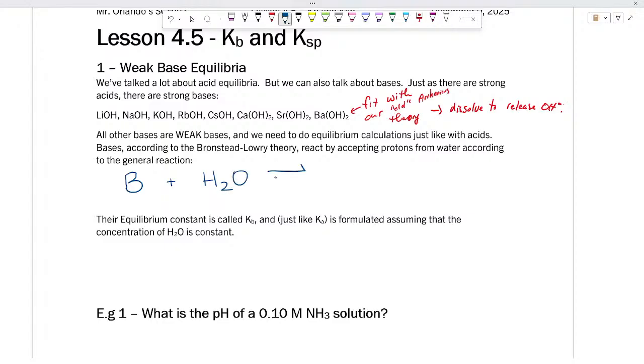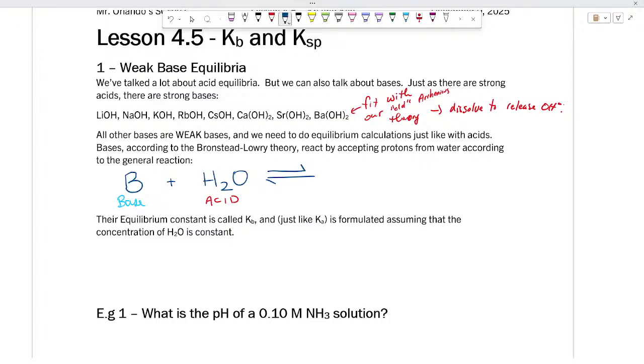Now keep in mind, our definition of a base is such that if this is the base, it must react with an acid. So in this case, if B is some base, the thing that's going to act as the acid is water.